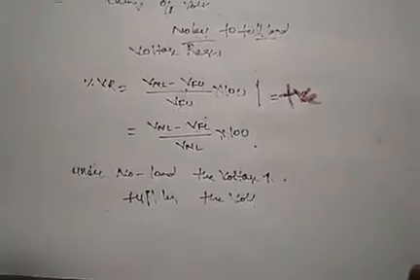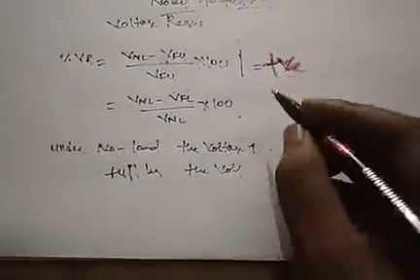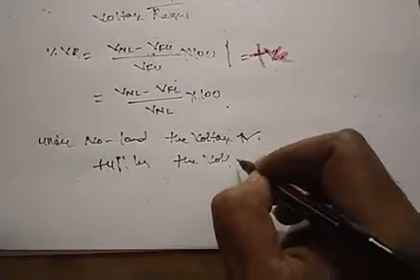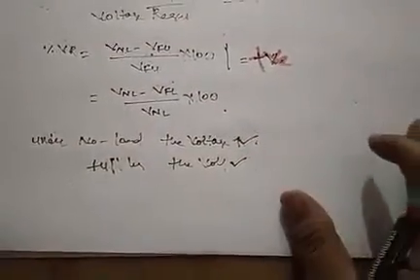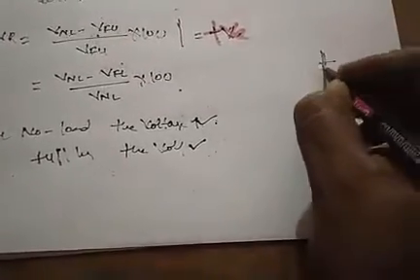So definitely the voltage regulation is positive here. Positive voltage regulation. Under no load condition, the voltage is very high. Under full load condition, the voltage is very less. When you apply the load, definitely there will be losses. If the load is inductive, definitely there will be losses.